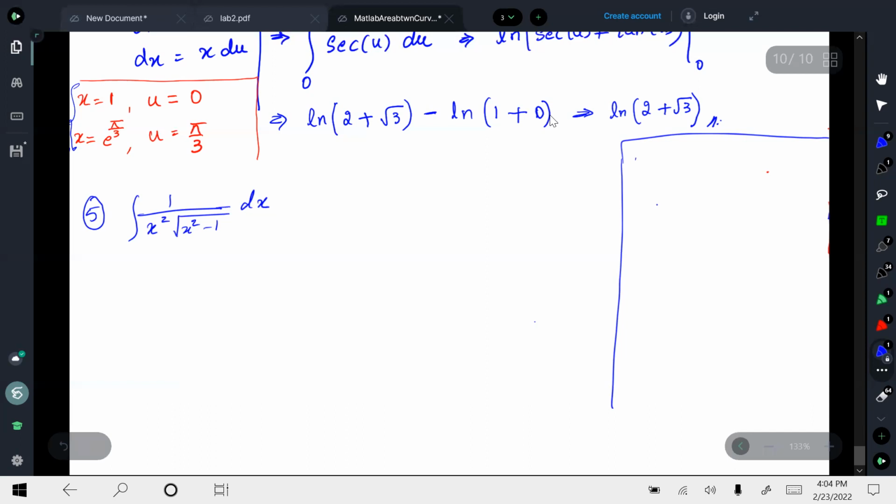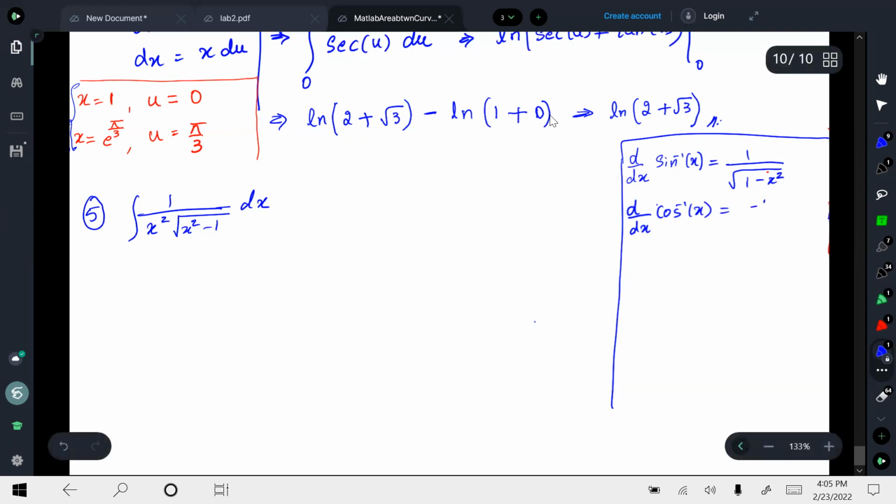Whenever you take the derivative of sine inverse of x, the answer is 1 divided by the square root of 1 minus x squared. The derivative of cos inverse of x is negative 1 divided by the square root of 1 minus x squared. Now for secant inverse of x, the derivative is 1 divided by x times the square root of x squared minus 1.